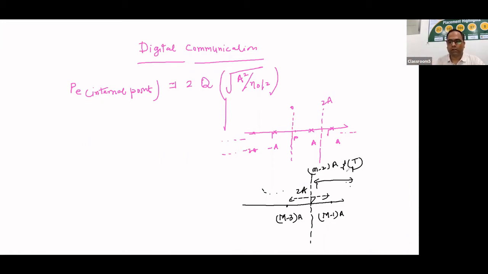What condition? For example, first fix the symbol.